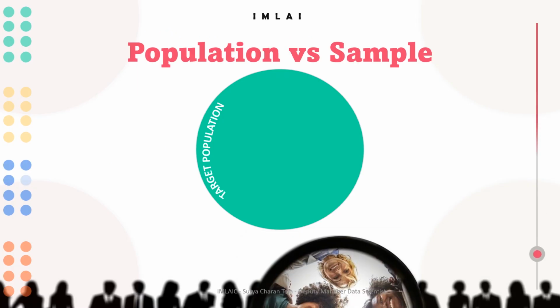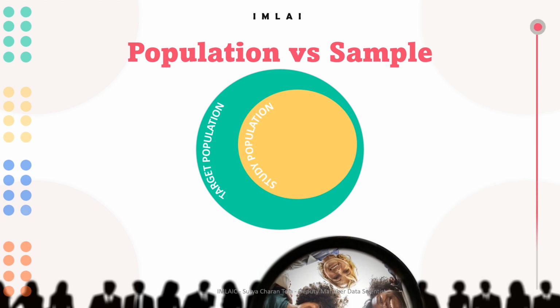Now, study population. The study population is the group of individuals or items that a researcher actually studies. Actually studies. That's what I'm saying.